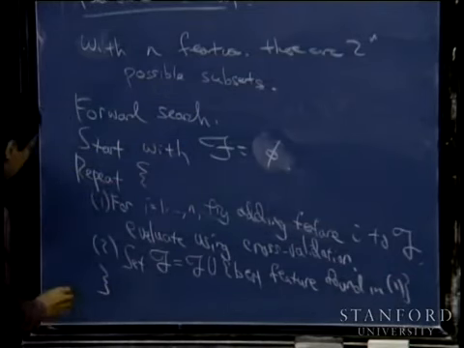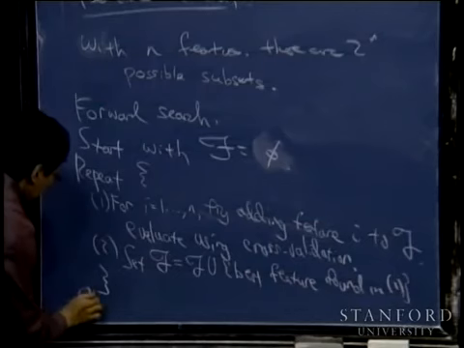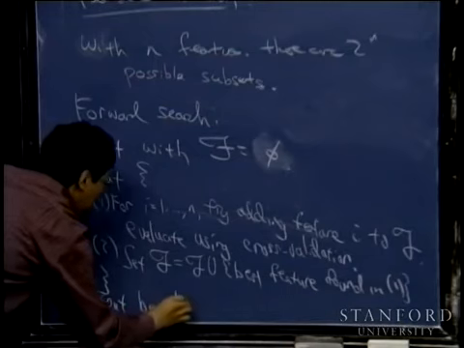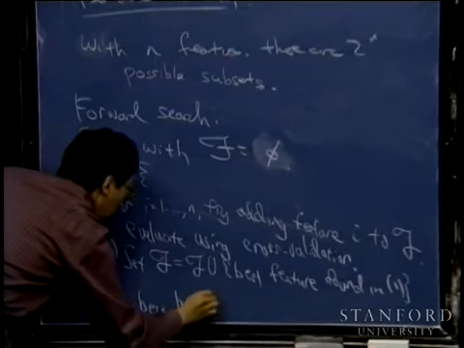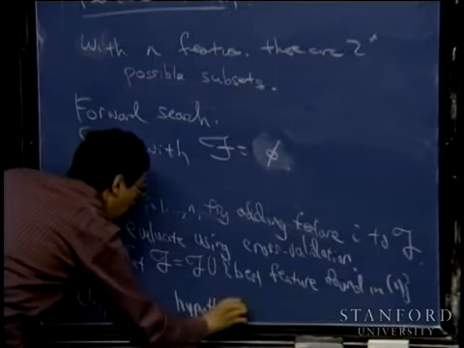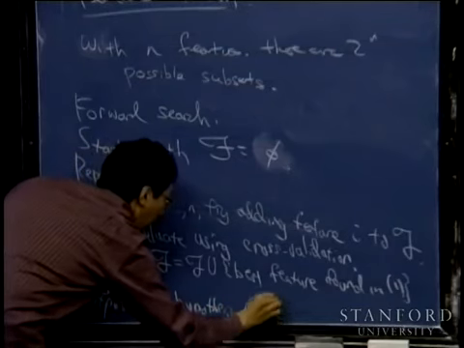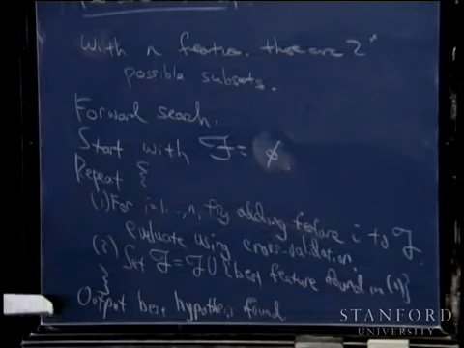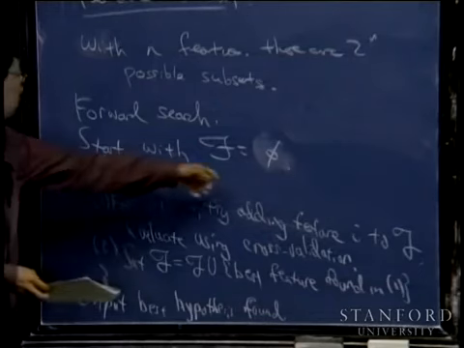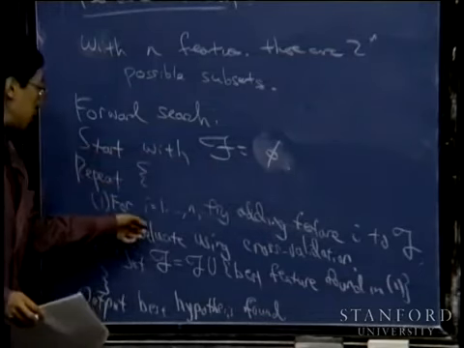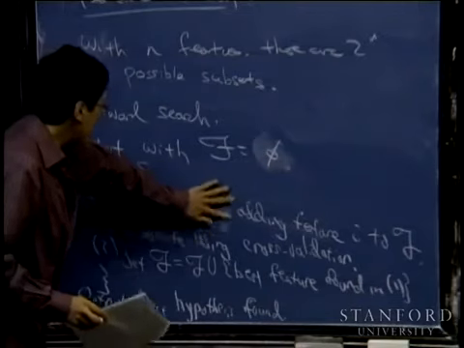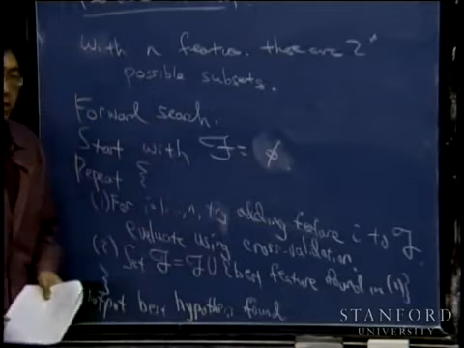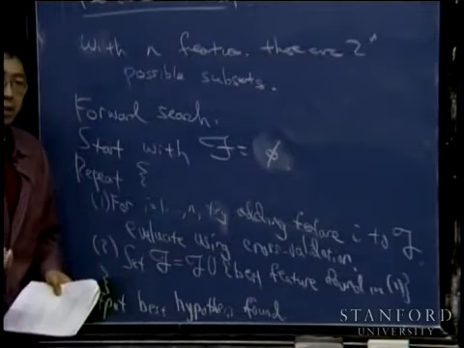So for forward selection, this procedure starts off with the empty set of features, and then on each iteration, take each of your features that isn't already in your set script F, and you try adding that feature to your set.